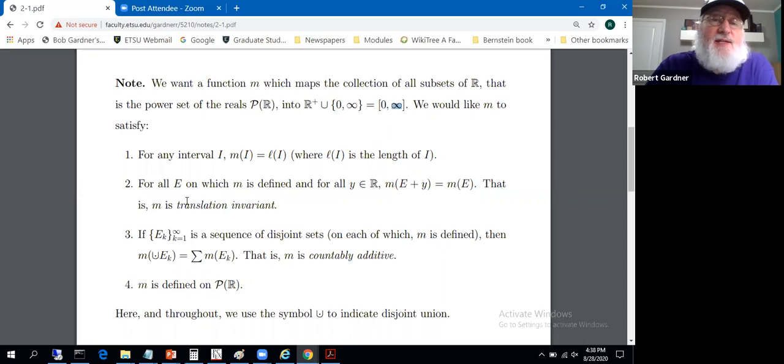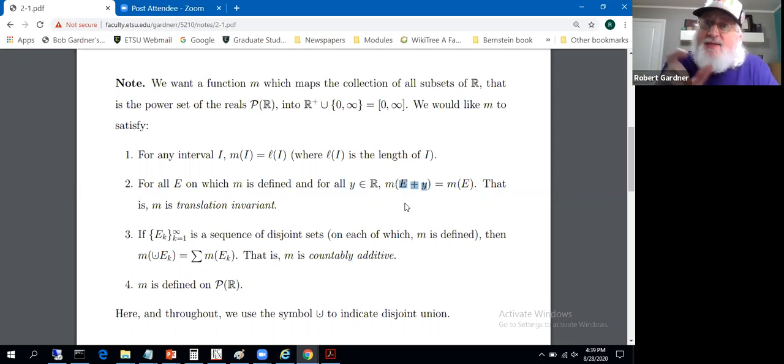For all sets E on which m is defined, and for all y, a real number, we require that the measure of E plus y equals the measure of E. This is called translation invariance. And what we've done is taken set E over here and translated it by an amount y over here. Well, that's an odd thing to think of, but of course, I don't want the measure of a set to depend on where it is.